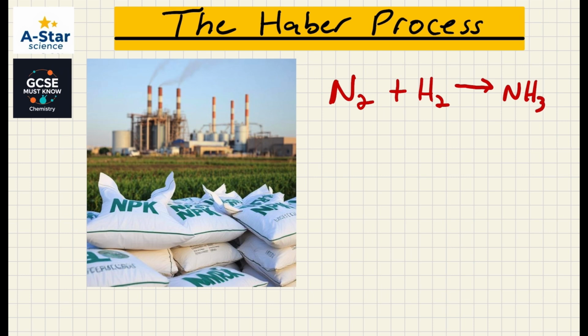Now, this reaction is reversible. So we're going to use a reversible sign, and we need to balance it out. So we're going to put a 2 here, and that means we need to put a 3 in front of the hydrogen. And so now that's balanced. So this is the Haber process. It's a reversible reaction because we can see the reversible reaction sign.